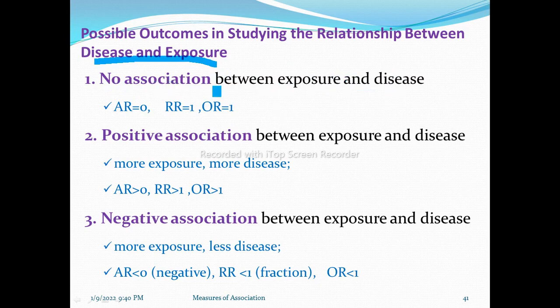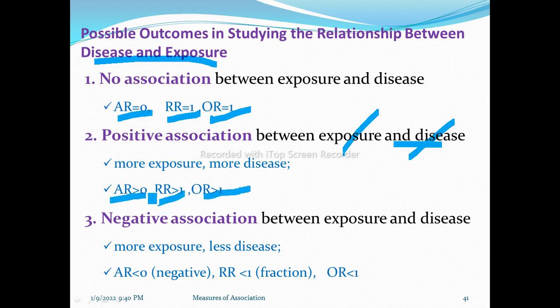To say no association, the odds ratio should be 1, the relative risk should be 1, and attributable risk should be 0. And to say positive association, meaning there is a direct relationship between exposure and disease, the odds ratio should be greater than 1, the relative risk should be greater than 1, and attributable risk should be greater than 0.